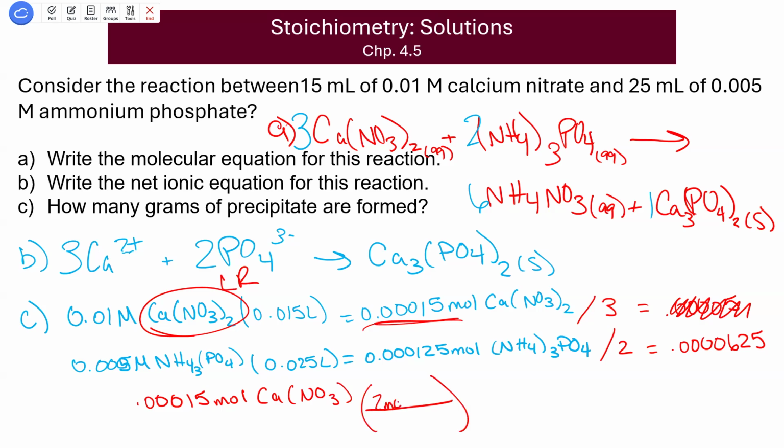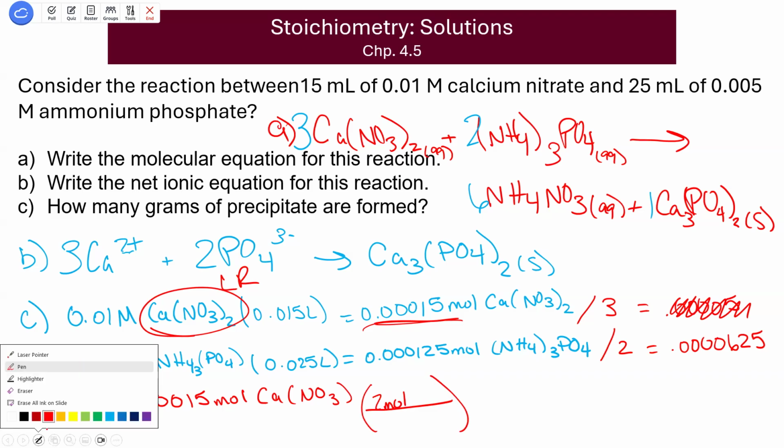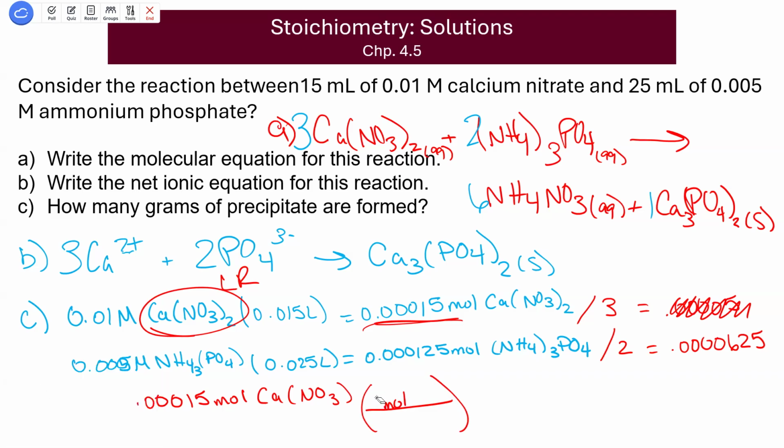You'll have 2 moles of your, not 2 moles, 1 mole, excuse me. Just 1 mole of your calcium phosphate.